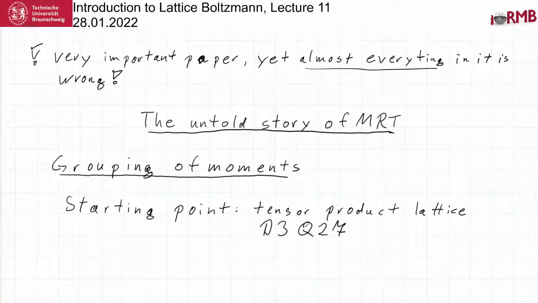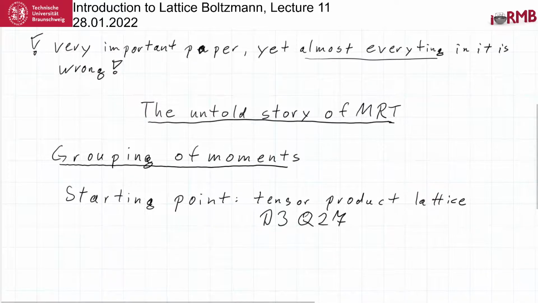That is the one that has all permutations of the speeds 1, 0, and -1 in all directions. This gives 27, because 27 is 3 to the power of 3.